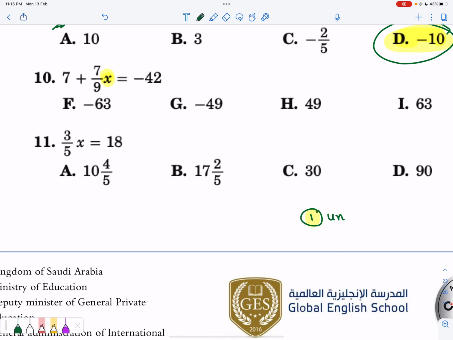So you have the same sign, add, keep the same sign. So let's add 42 plus 7, that is equal to 49. And keep the same sign, so both of them are negative, so you'll keep the negative. Okay, now you have 7 over 9x equals negative 49.